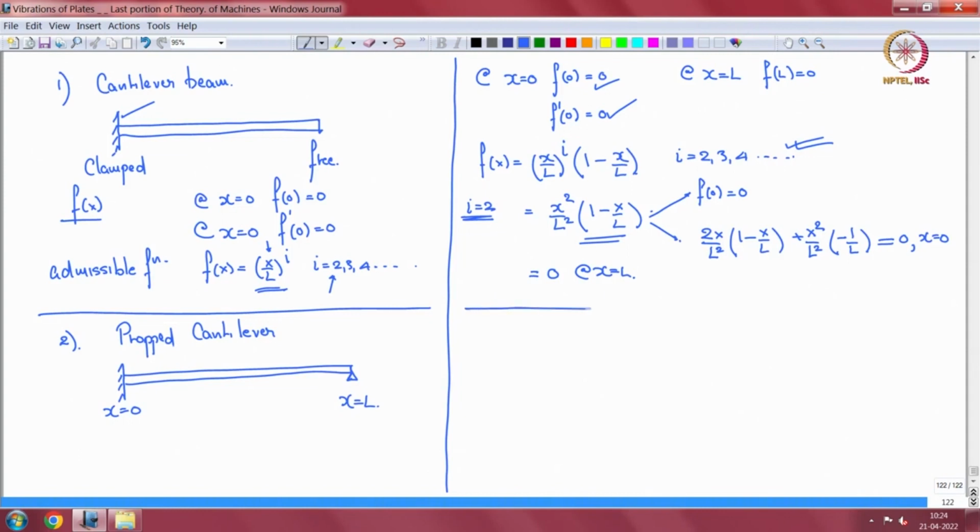Next, let us say we have a pinned beam. That means simply supported. So we have a support here. It cannot support a moment.